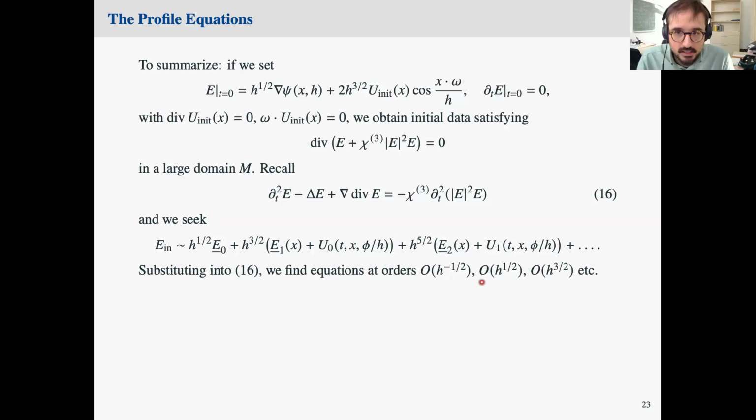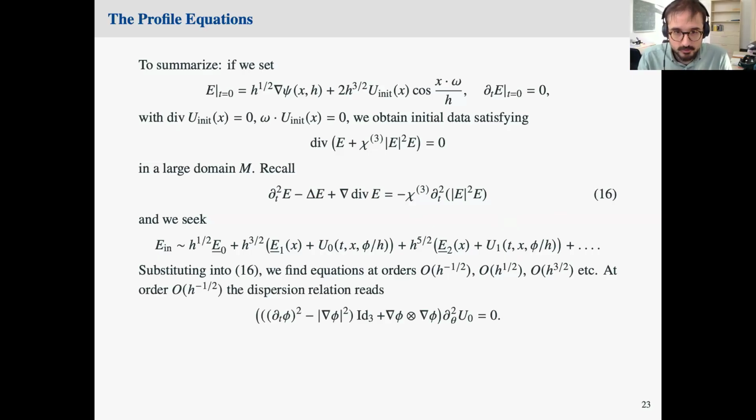And you substitute into your equation. You set terms equal. You work hard, and eventually you find that at the leading order, which is h to the minus a half, the dispersion relation that you find, which is sort of the analog of the eikonal equation, is this one over here.